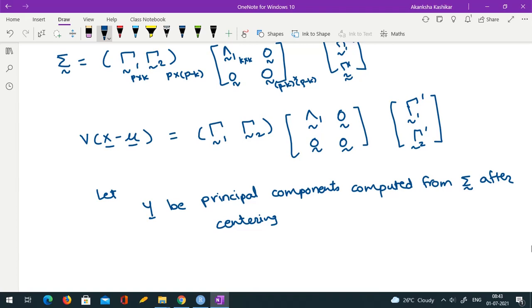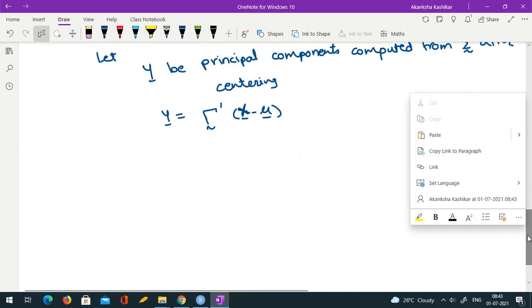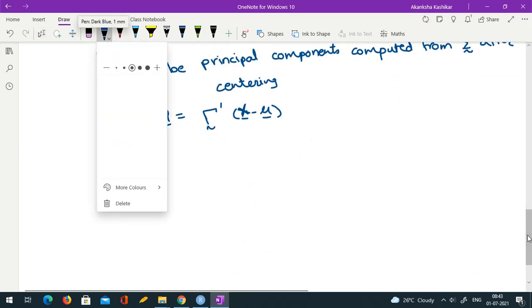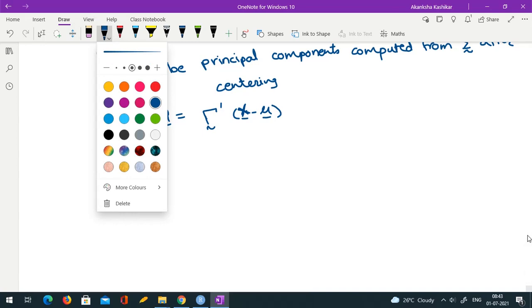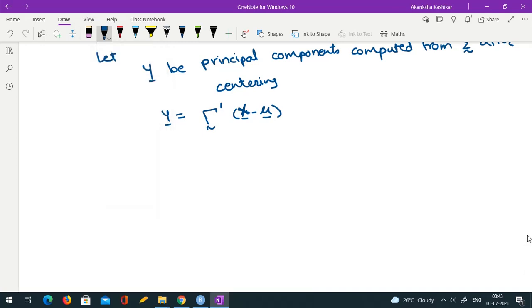Then I could write y as gamma prime (x minus mu), because PCs were obtained by using eigenvectors, and this was actually homework for you. How do you write PCs as a matrix of eigenvectors times the original data? I had given this exercise for finding the relationship between the score matrix and the original matrix. So this is how you get that.